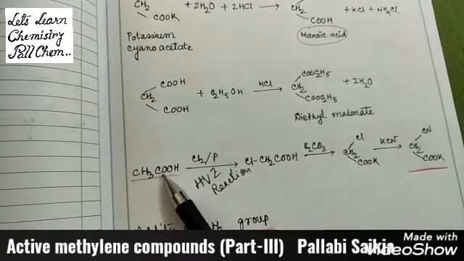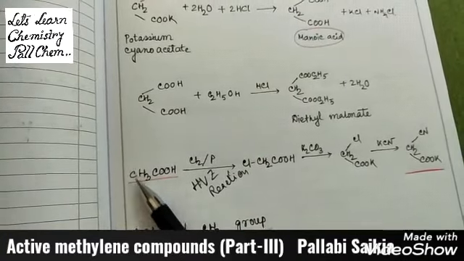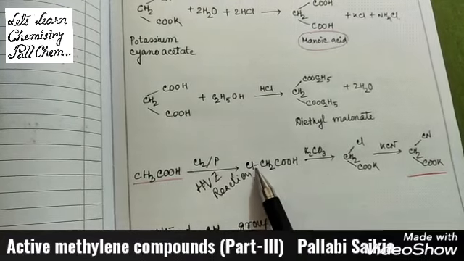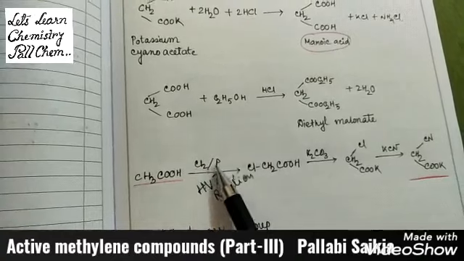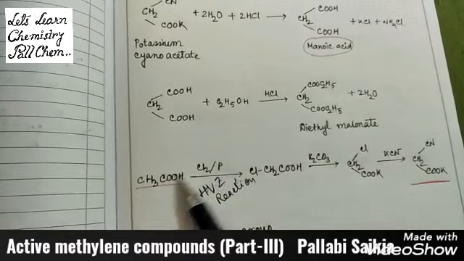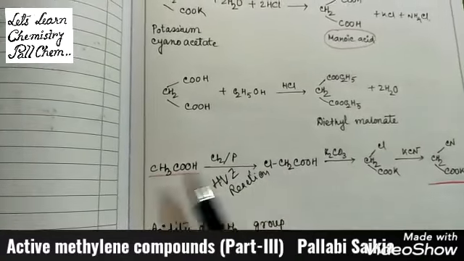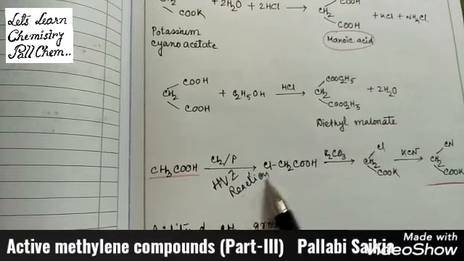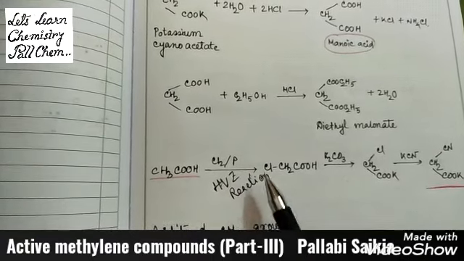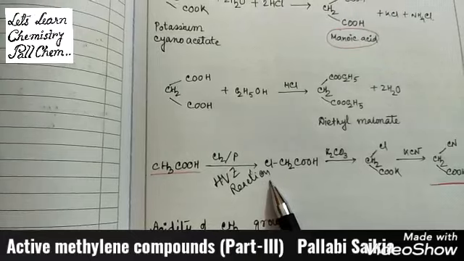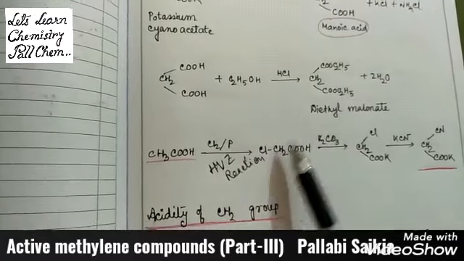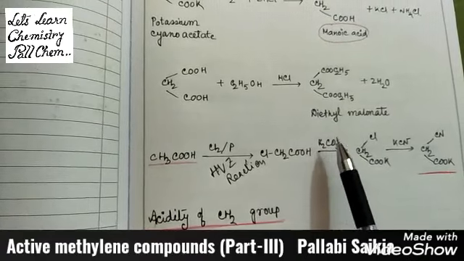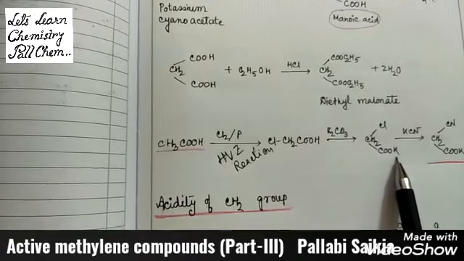This is the acid which has an alpha hydrogen. This hydrogen is substituted by a halogen, chlorine here, in the presence of chlorine and phosphorus. Any halogen and phosphorus can be used. This is alpha halogenation of acid, and this reaction is known as the HVZ reaction, Hell-Vollard-Zelinsky reaction. So this chloroacetic acid is treated with potassium carbonate to form the potassium salt of chloroacetic acid.